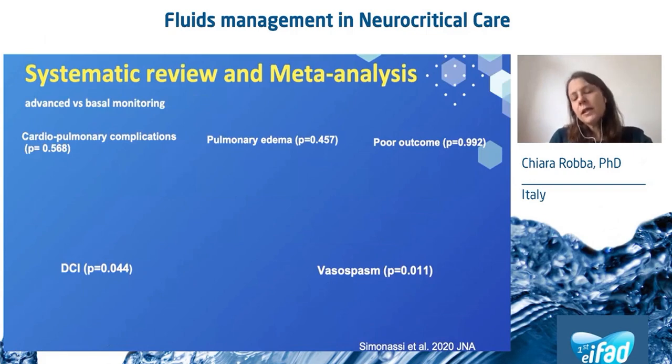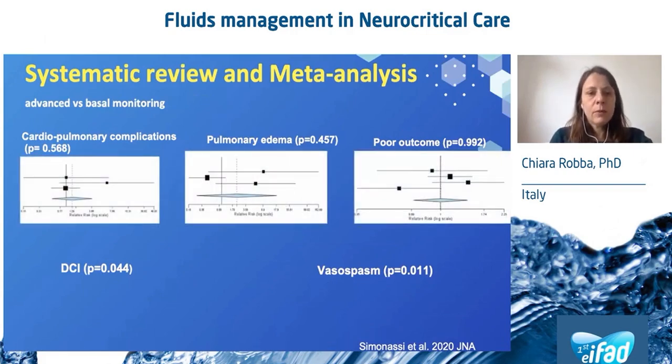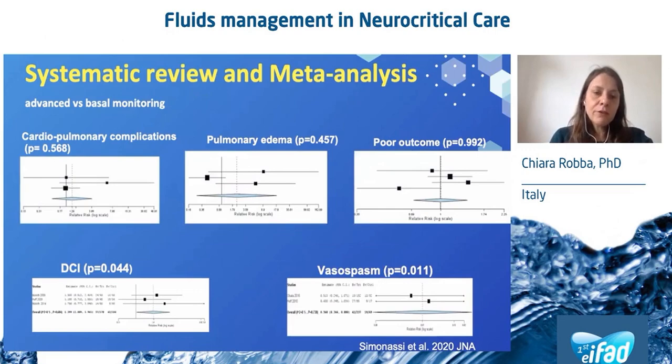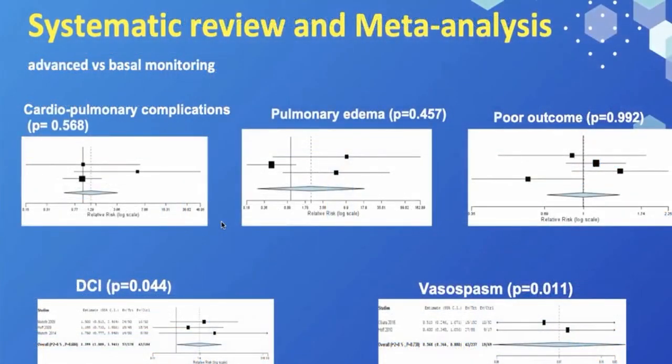So in this systematic review and meta-analysis from my group, we tried to summarize the evidence, and as you can see here, there is no evidence at all regarding the use of no monitoring or advanced hemodynamic monitoring. It's impossible to jump to conclusions from just these 3 studies and a meta-analysis with just a few studies. But if we want to believe in this result, there is a possible beneficial effect on the development of vasospasm and DCI if we use an advanced hemodynamic monitor.